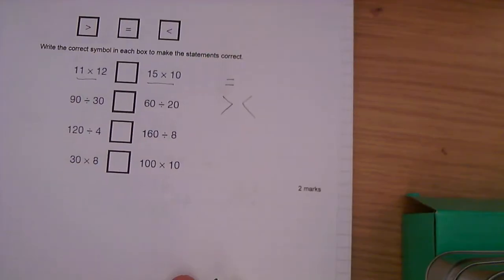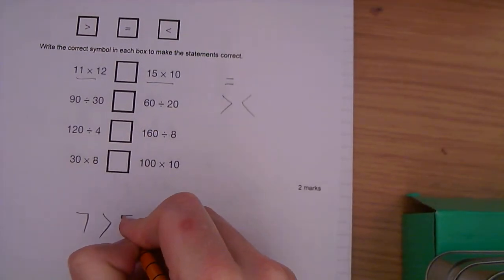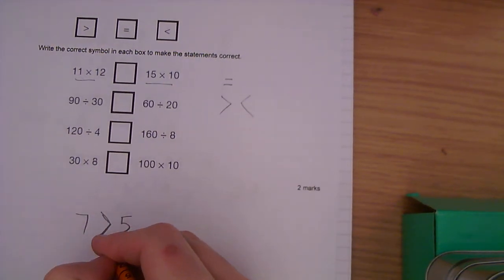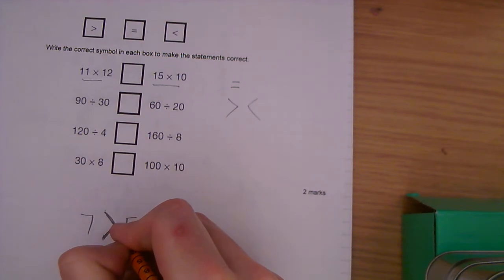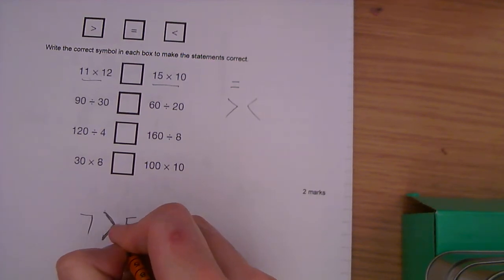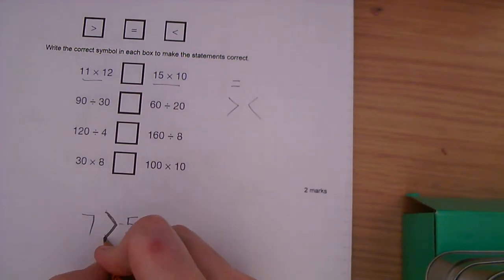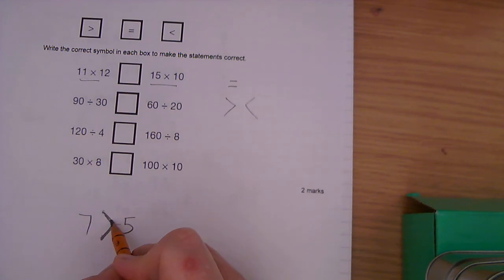Now, just a reminder that the large end of the arrow points to the biggest number, and where the inequality goes to a point, it points to the smaller number. Okay, so the largest end of the arrow points to the big number, and where the arrow goes to a point, points to the smallest number.